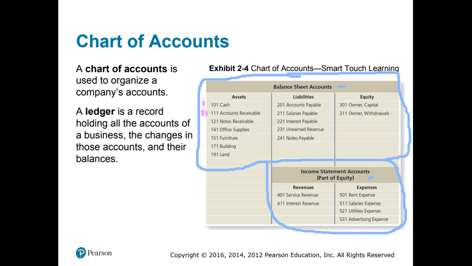So you may have a company that tracks, maybe they have multiple locations. So under building, they've got building A, building B. So you may have those broken out even further, but this is what the standard chart of accounts would look like. And we see here balance sheet accounts, and then we have our income statement accounts.